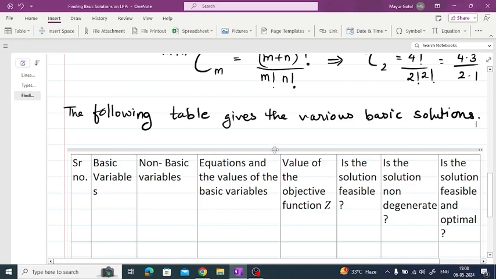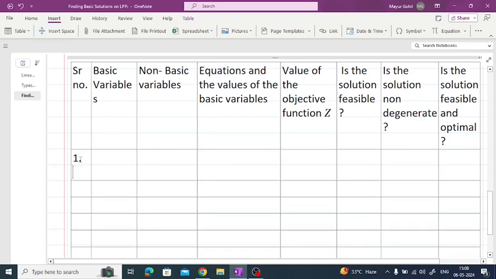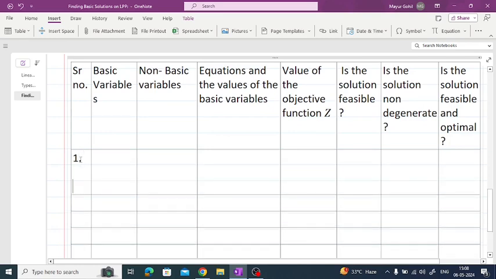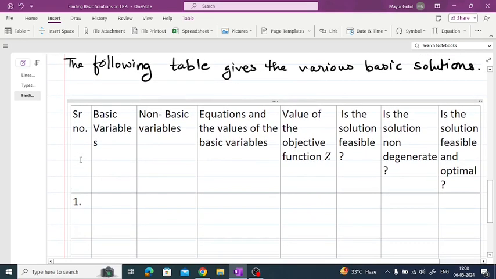Now let us see how to handle this. When we are declaring the basic variables and the non-basic variables, we go by the definition. First we choose some variables to become 0.